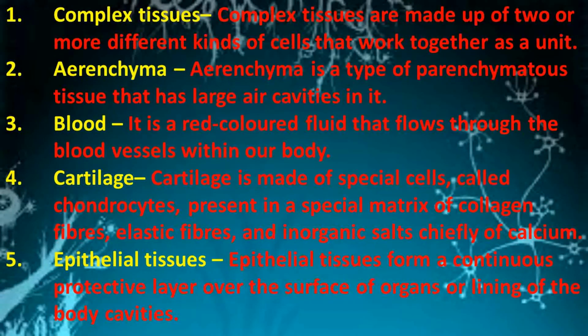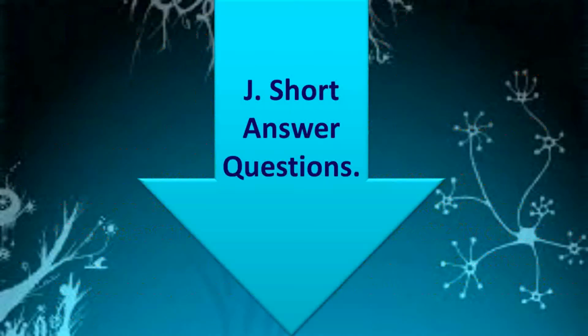Epithelial tissues. Epithelial tissues form a continuous protective layer over the surface of organs or lining of the body cavities.